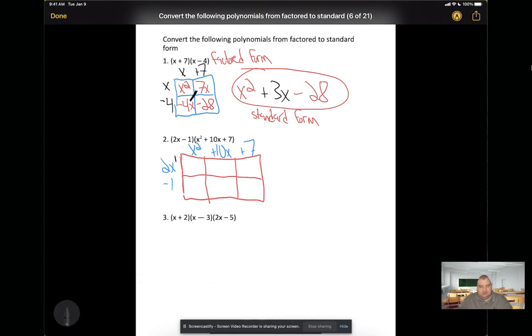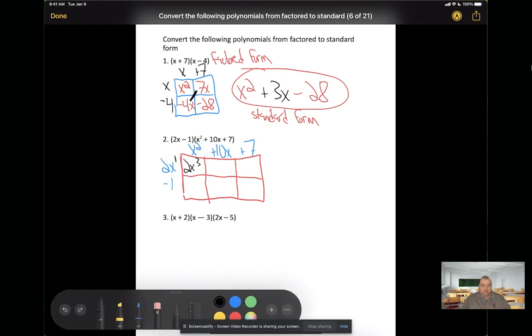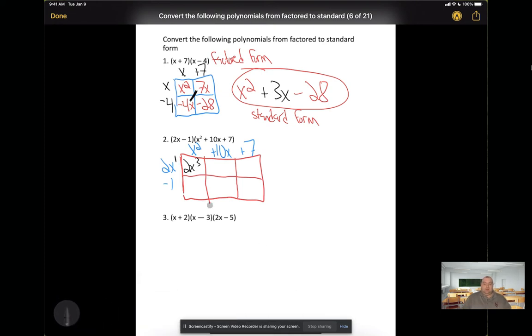So this is really 2x to the power of 1. So my answer is going to be 2x cubed because I add the 1 and the 2, and I get an exponent of 3. So that first box is going to be 2x cubed.